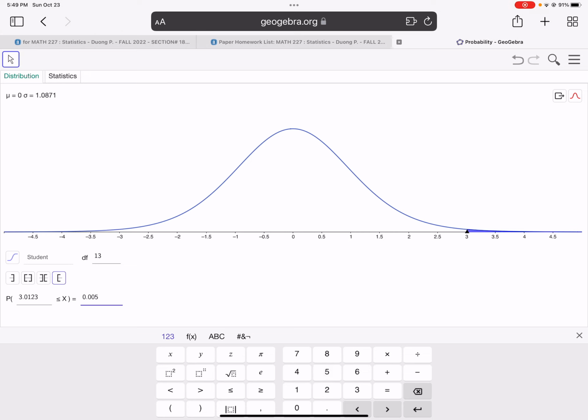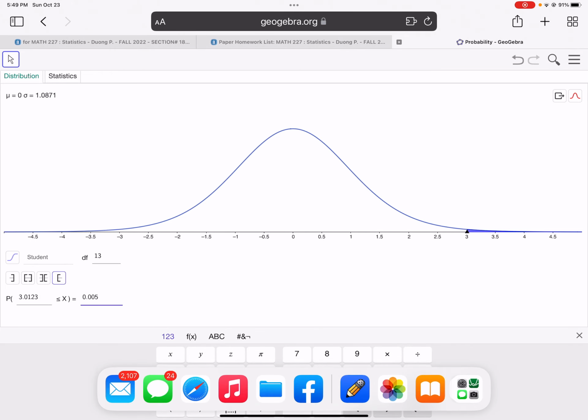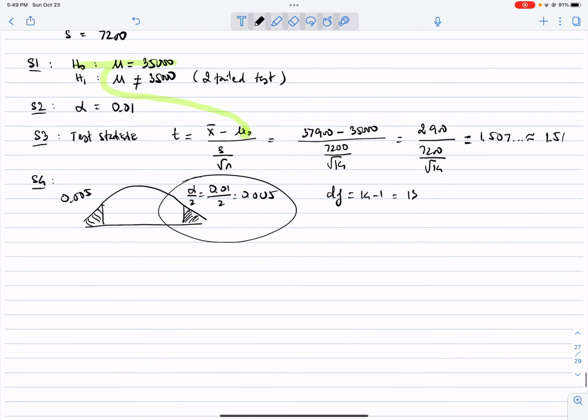That gives us 3.01. So this point right here is 3.01. And this is the T critical. So this is the critical value, positive and negative. Okay. We are doing the critical value first.